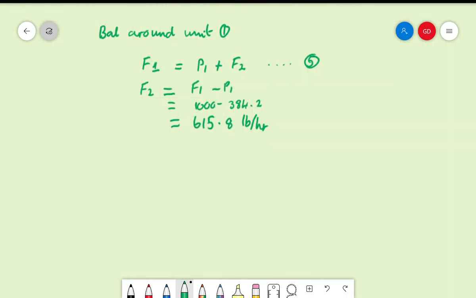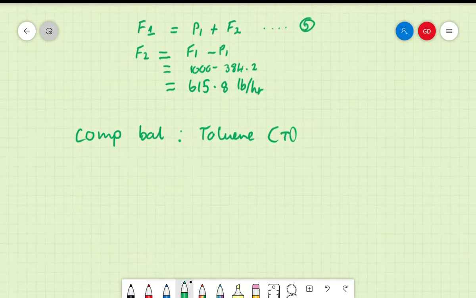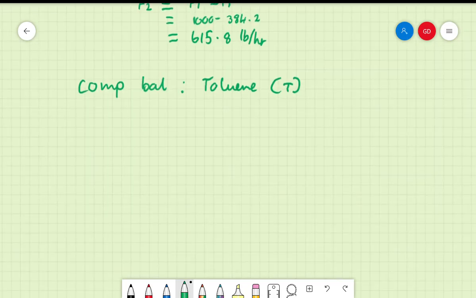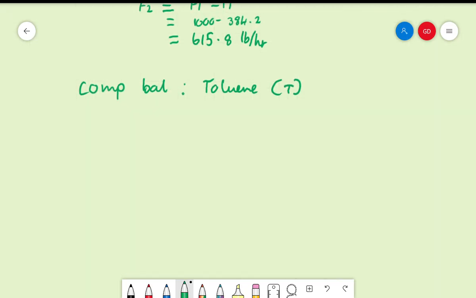So component balance based on toluene. We will denote it as T for our variables. So now toluene on that unit, which is unit 1, the balance will look like that.